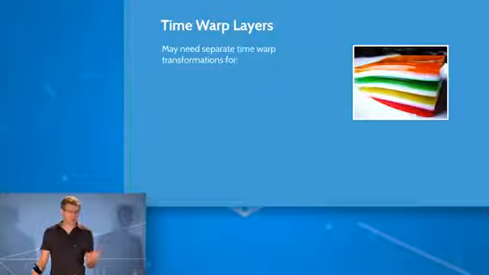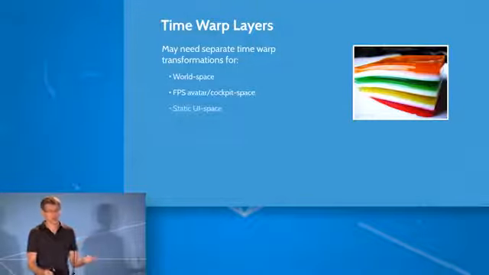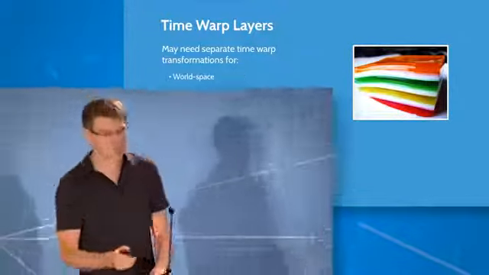Now, one interesting thing that happens with time warp is that if you try to apply it to the whole scene, you'll notice that you actually want to have multiple transformations for different objects. A good example is world space versus cockpits and UIs. So what you want is to have layers. Let's say you're in a cockpit in a car.